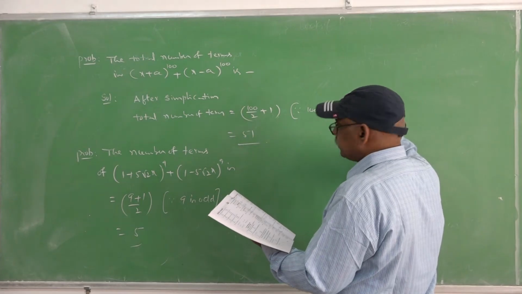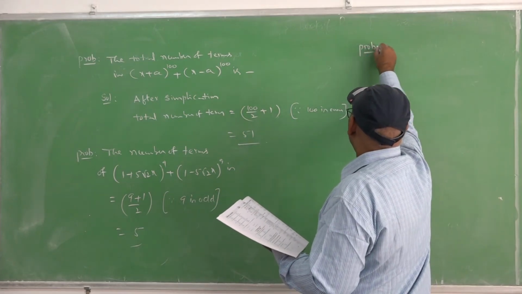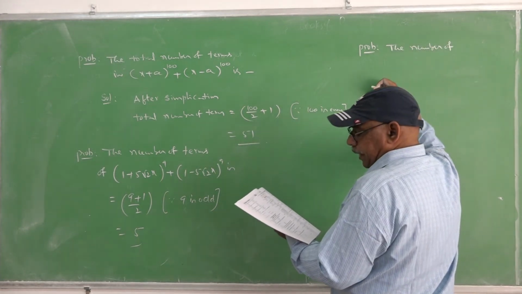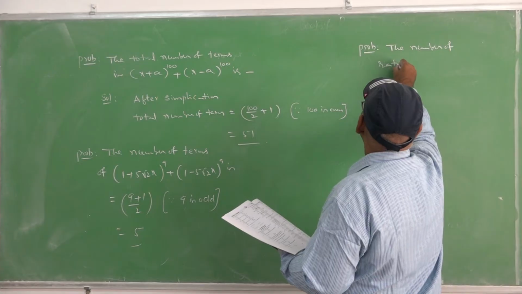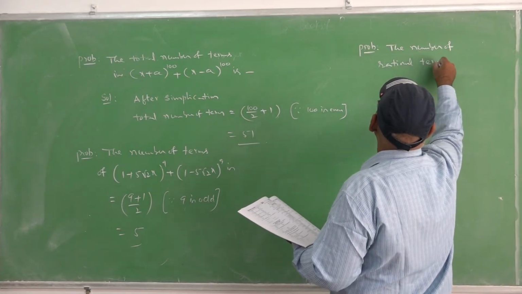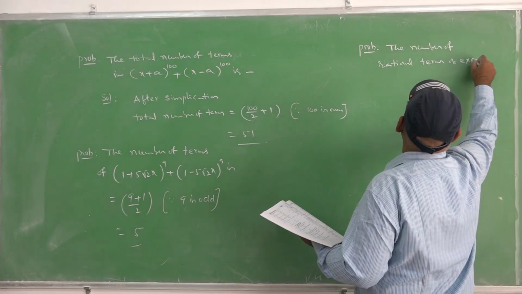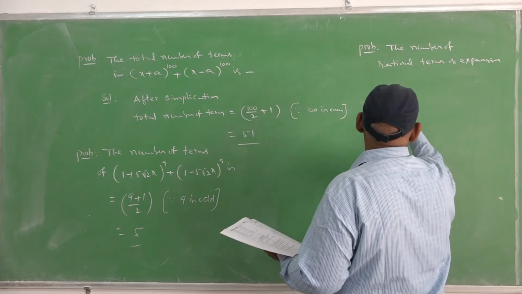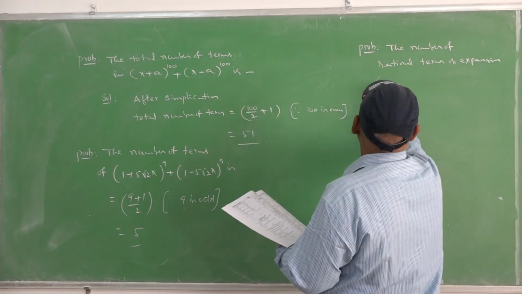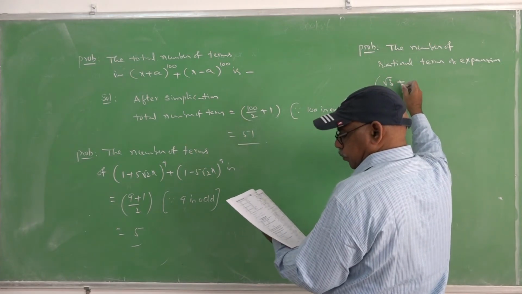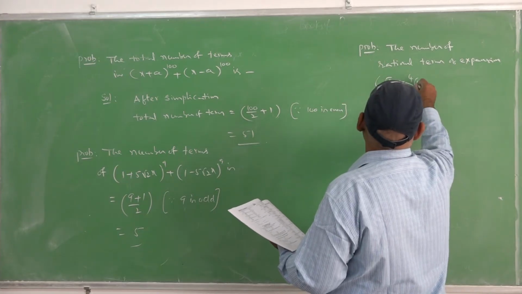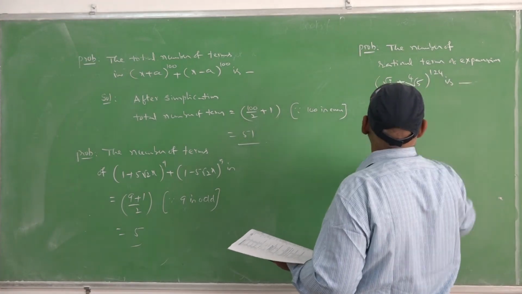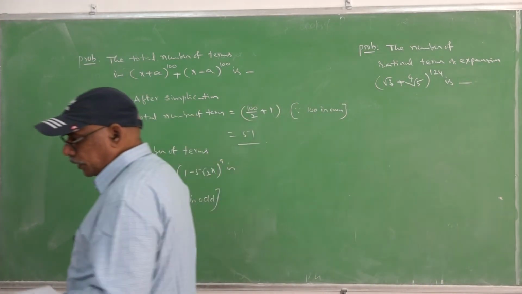Next, the number of rational terms of the expansion (√3 + ⁴√5)^124.